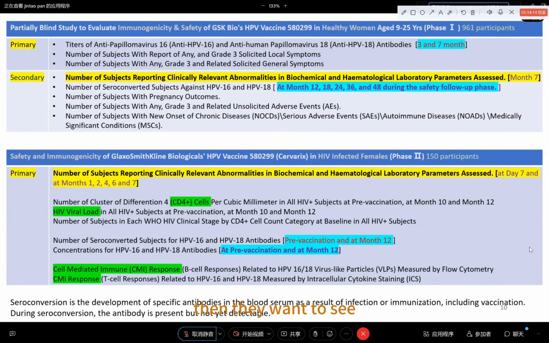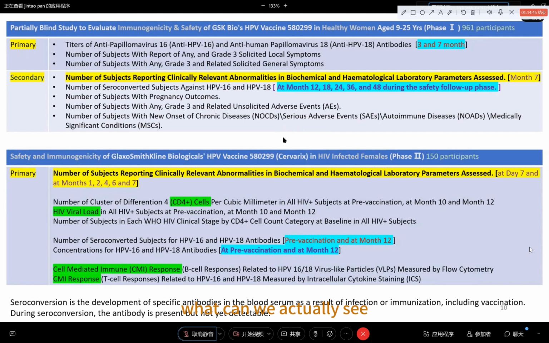Then they want to see whether there are any seroconverted subjects at other months to make sure there is the possibility of longer lasting effects. So all of these are very much based on how it's justified. Primary is always why I want to do this research or clinical trial, and the secondary is always what might happen when we sit down and think a little bit further.